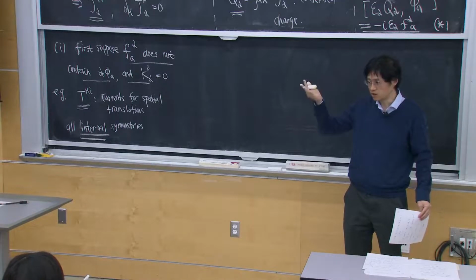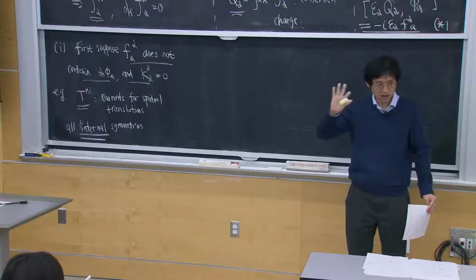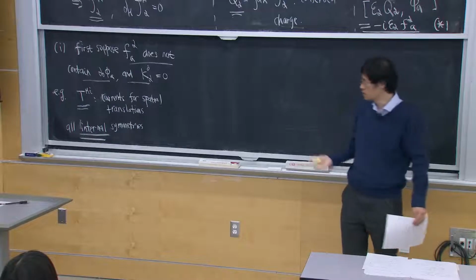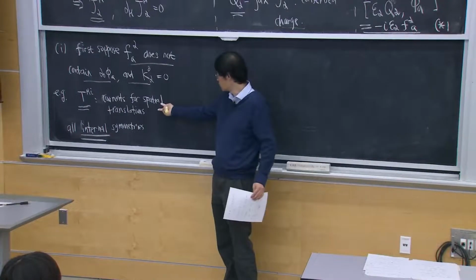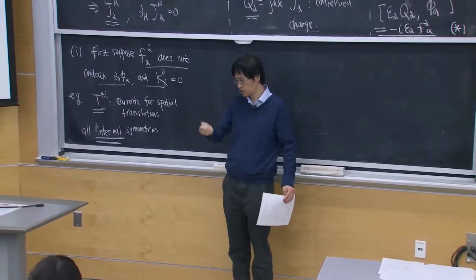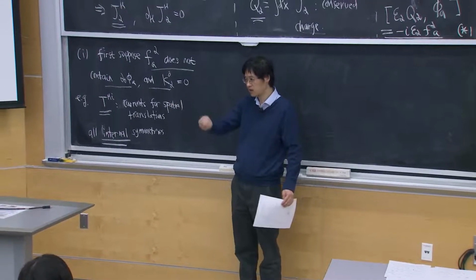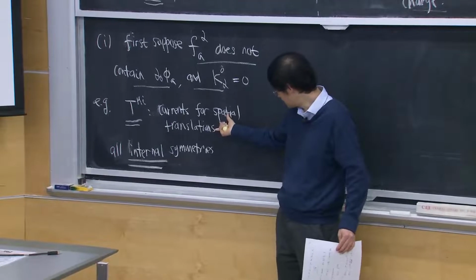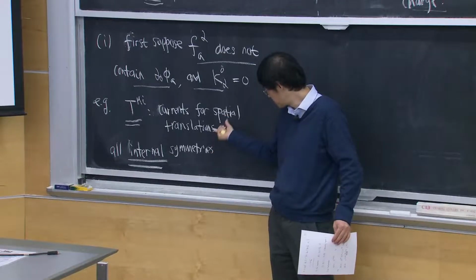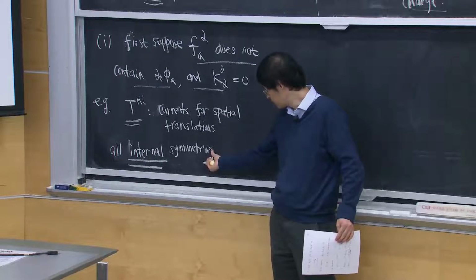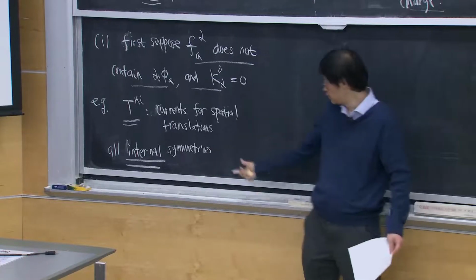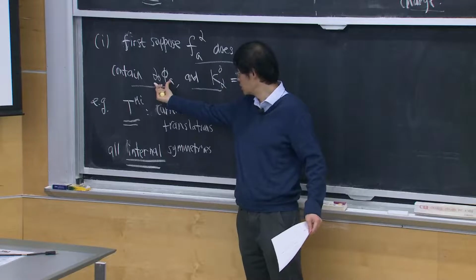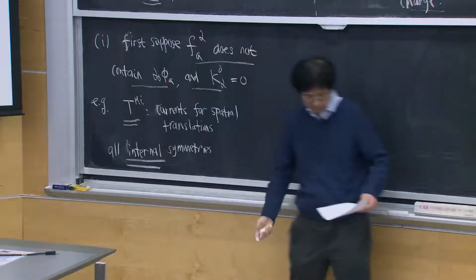That's called an internal transformation because it does not involve space-time coordinates. In contrast, when we find the stress tensor, we will do a space-time translation, and that does involve space-time transformation. So that corresponds to space-time symmetries, and the phase is the internal symmetry. For all internal symmetries, the transformation will not contain the time derivative.